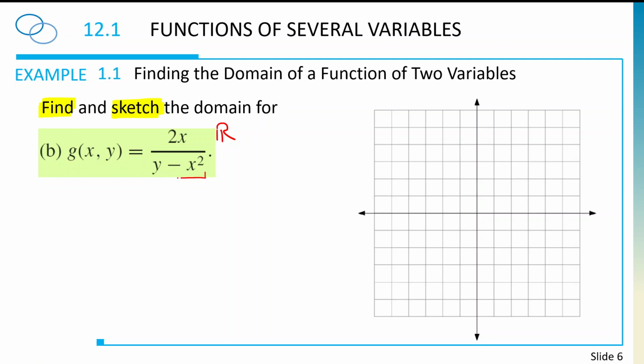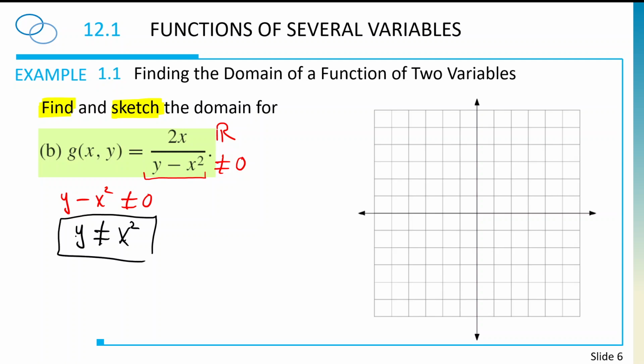And I know anything in the denominator can't be equal to 0. So that means y minus x squared can't be equal to 0. Solving this, y can't be equal to x squared. Elsewhere, it's okay. I have no issues. My issue is only when y equals x squared.